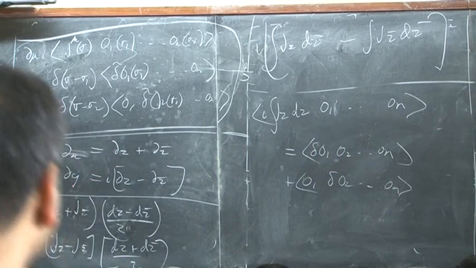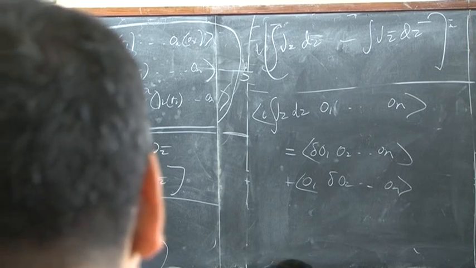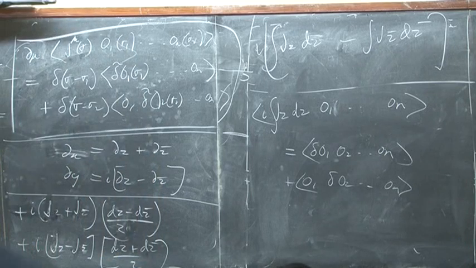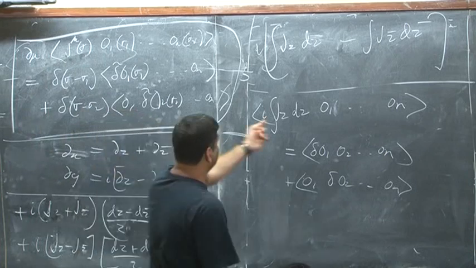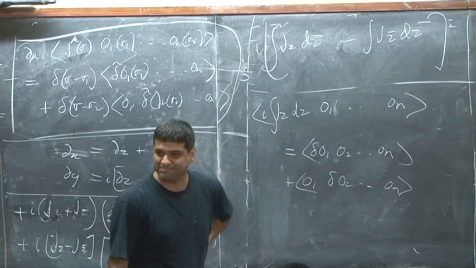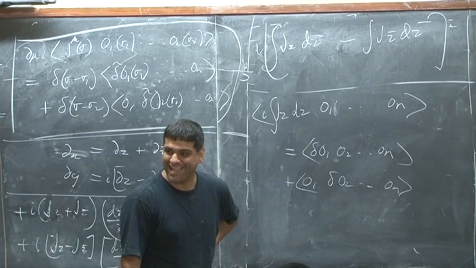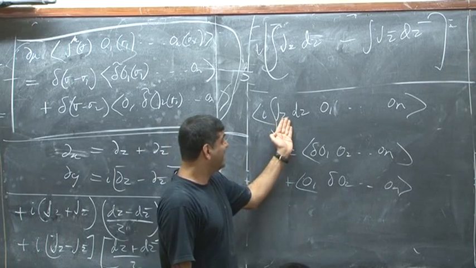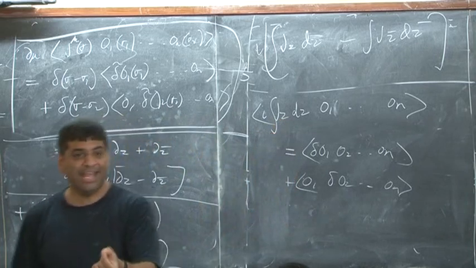What else do we know about this J? We know that this J function here is analytic. Okay? It's analytic except possibly at insertion points.